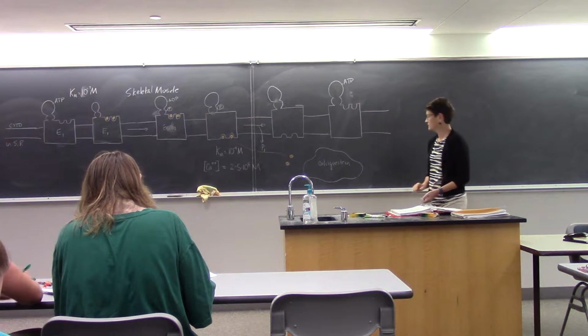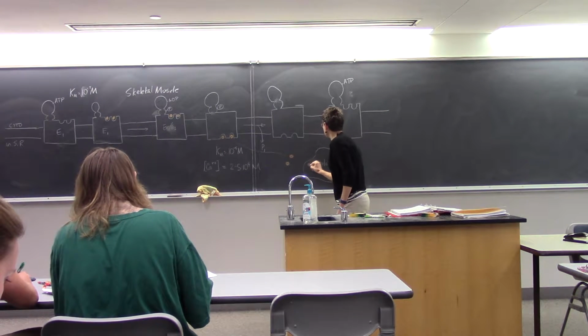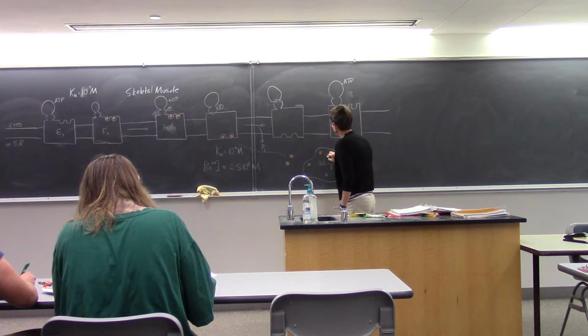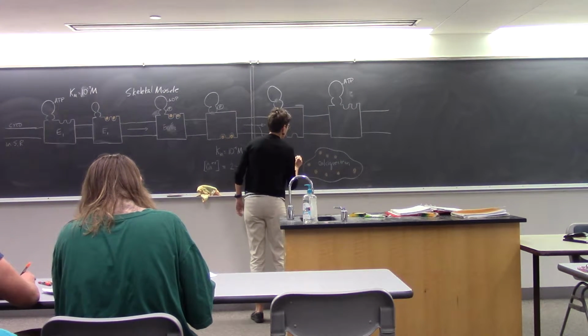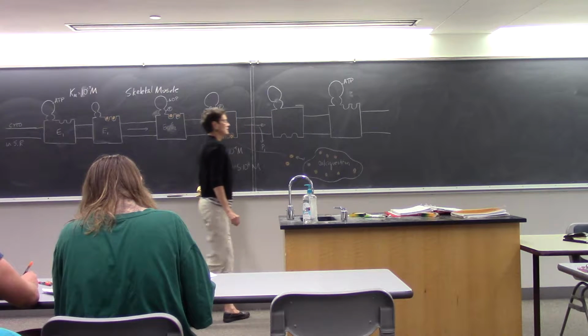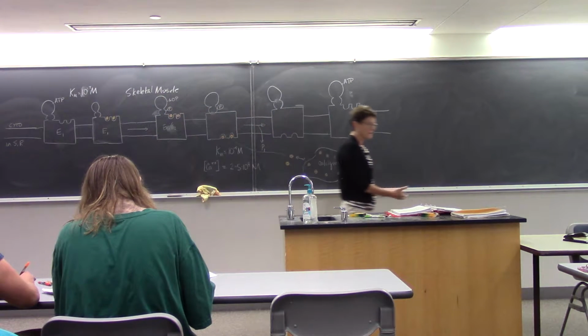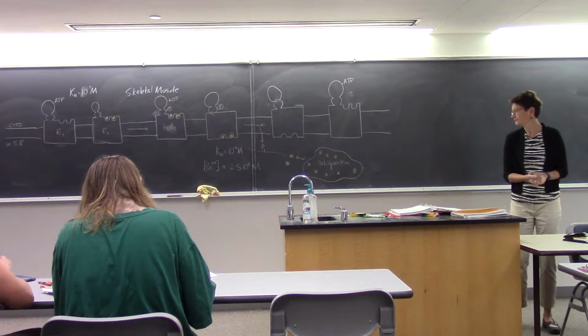And calsequestrin has a capacity to hold a lot of calcium. So we disguise the calcium by mopping it up and binding it to calsequestrin.